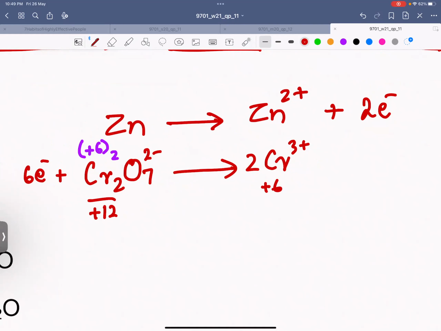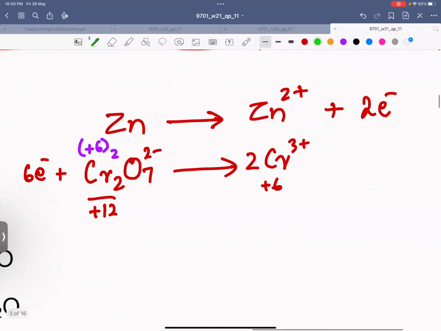If 6 electrons are being gained, then 6 electrons must be released as well. To release 6 electrons, I have to multiply the first equation by 3. So we get 3 zinc, and as a result, 6 electrons being released.